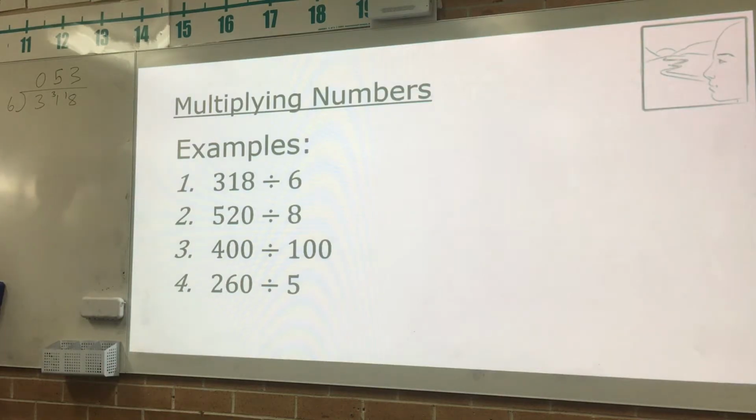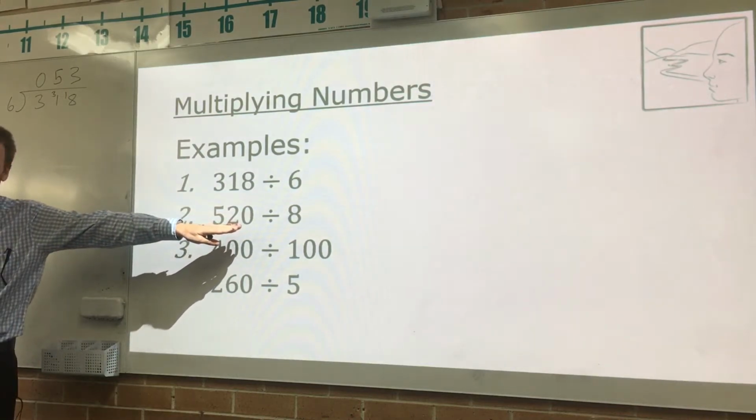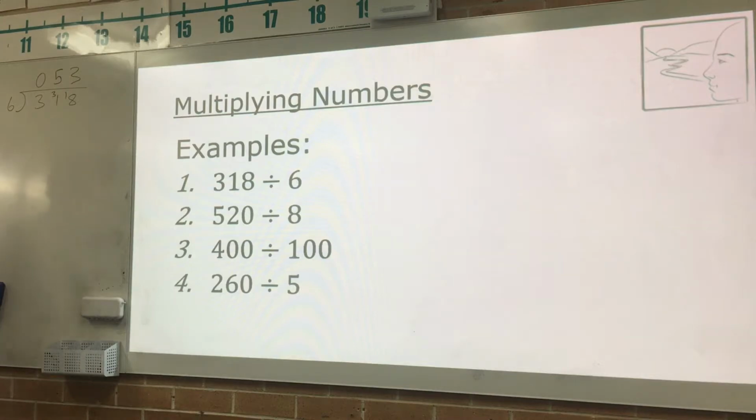over 6. For question 2, we're going to use that table, 520 divided by 8, which is the same as 520 divided by 2, divided by 2, divided by 2. That is what we are actually doing. So let's just work left to right. 520 divided by 2 is 260.